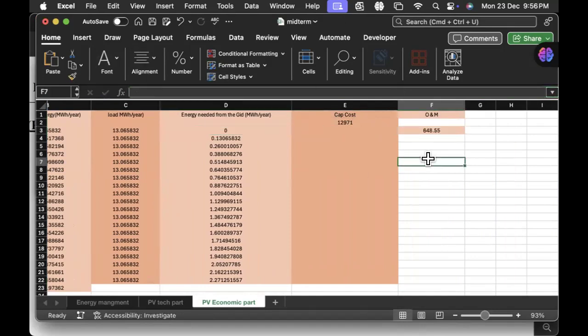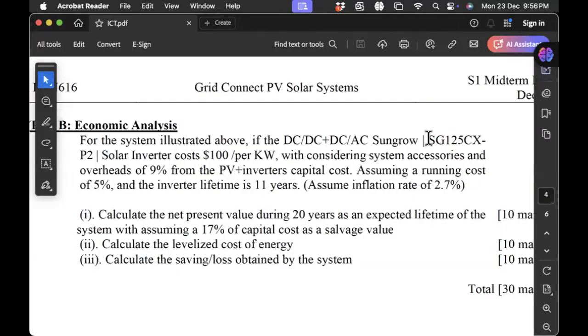And then we are going to use a sort of inflation rate. I think we have a 2.7% inflation.